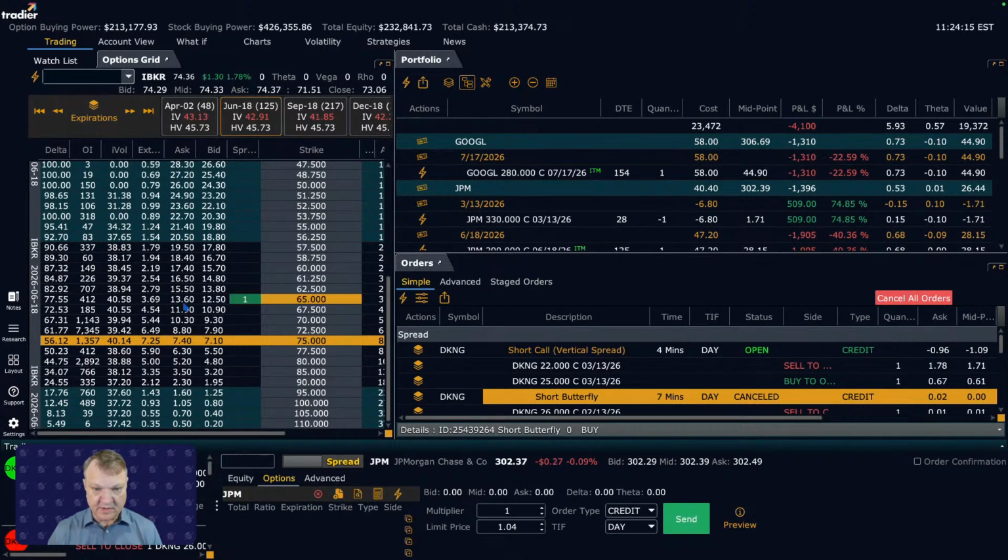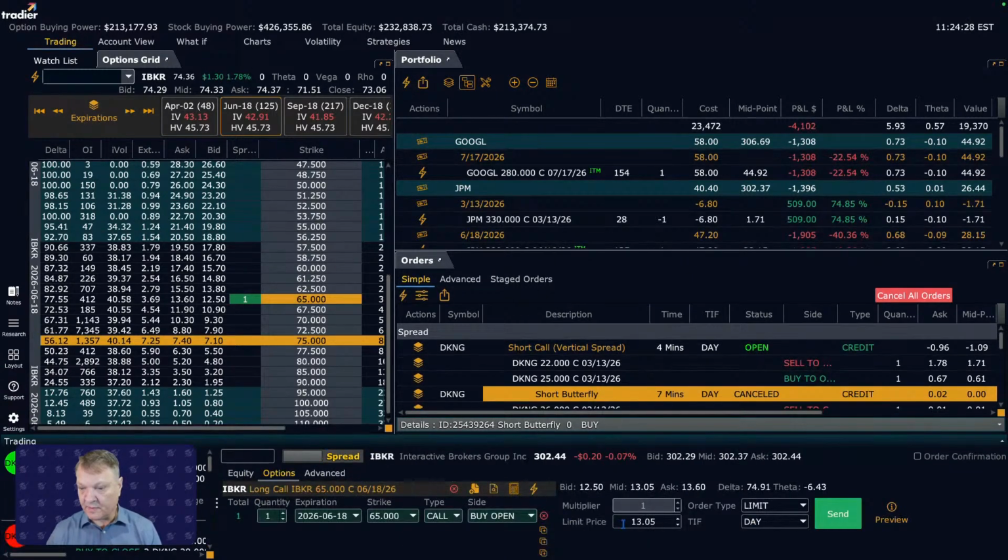Let's do this one. There it is. Okay, so we're going to add this to our portfolio. We're going to add IBKR long, deep in the money call to our outperformer portfolio.